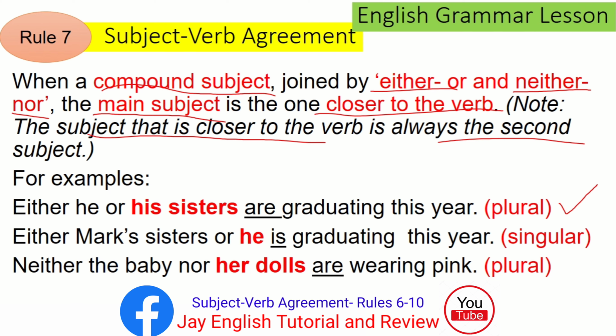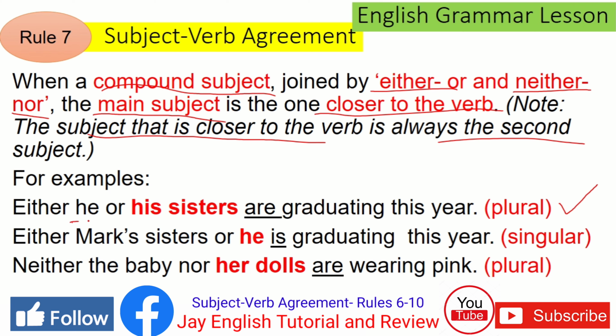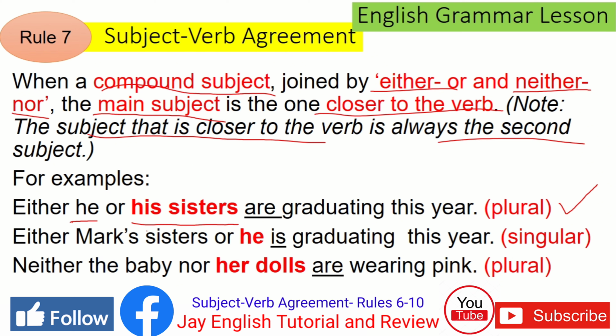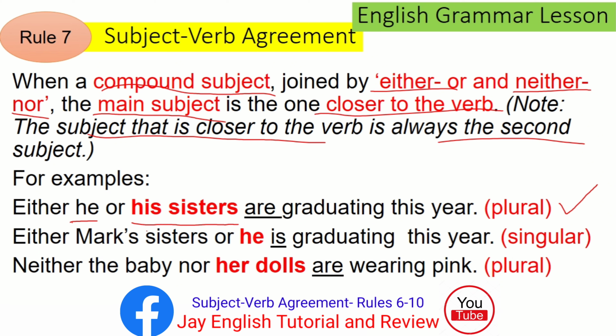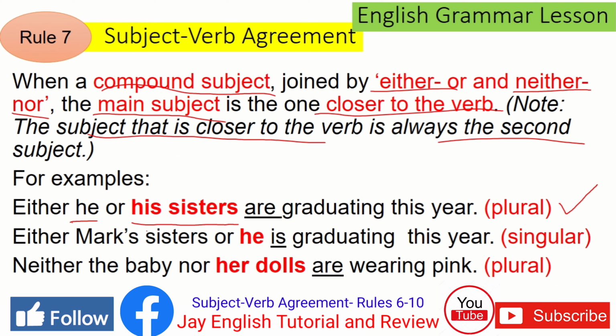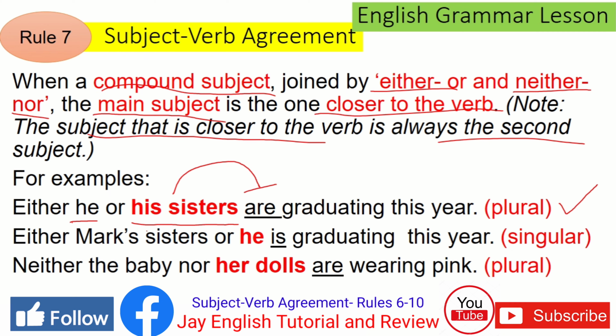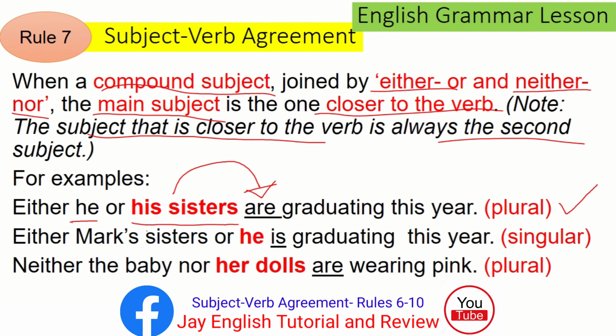Let me explain. We have here a compound subject. The first one is "he," and the other one is "his sisters." The rule says that the main subject is the one closer to the verb. And between "he" and "his sisters," it is "his sisters" that is closer to the verb.